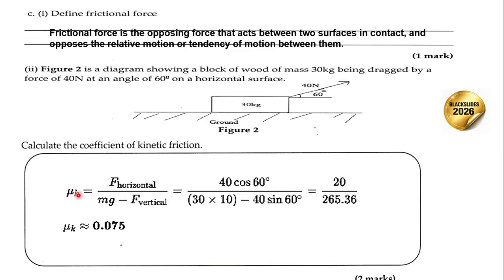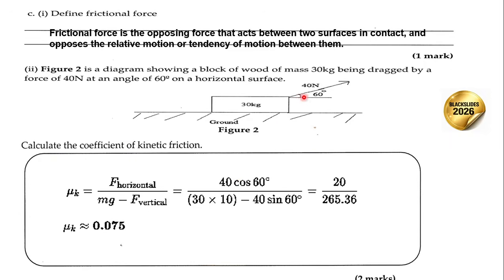It is found by taking the horizontal force divided by what is called the normal force. Remember that the normal force is just the mass times the gravity, but because of this force here, we shall also need to find the vertical component of this force, so that this will give us the net vertical component.